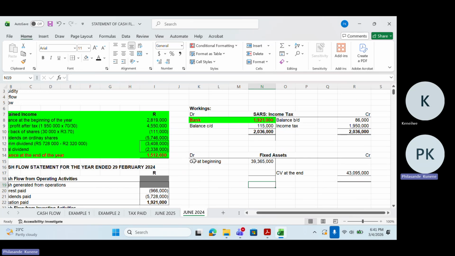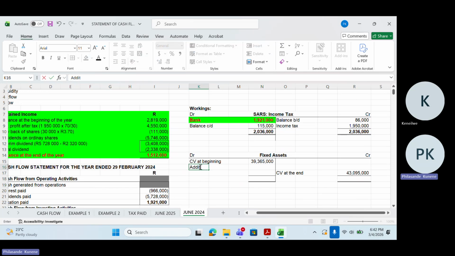Okay, what is the format? What do we have under movements on the fixed asset note? Additions and depreciation. What else? Carrying value of assets disposed. Exactly. We talk about disposal at carrying value there.